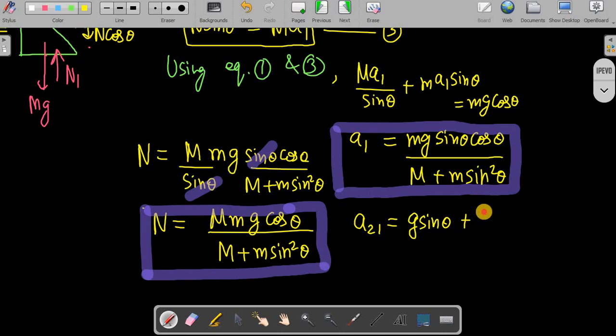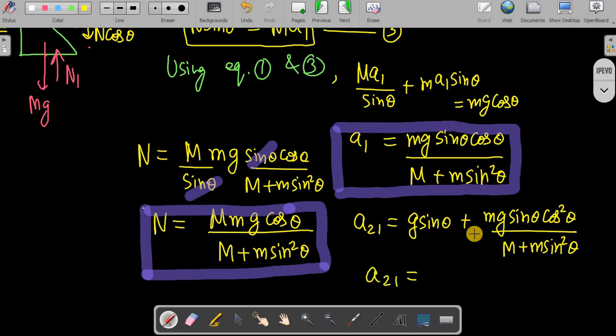So A1 cos theta will become small mg sin theta cos square theta by M plus m sin square theta. So from here A21, the sin theta will come out, right? So denominator of course will be same, M plus m sin square theta.